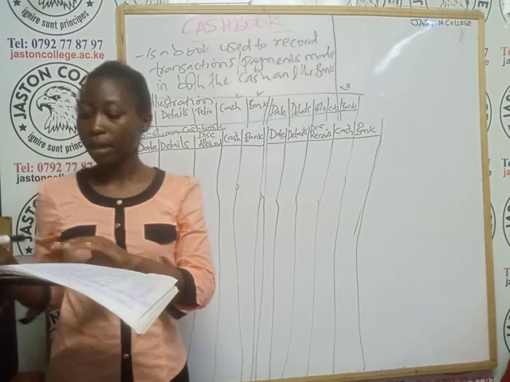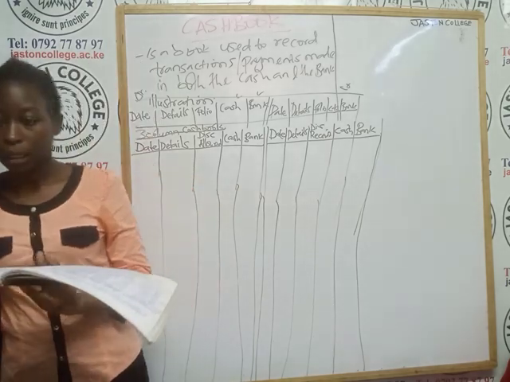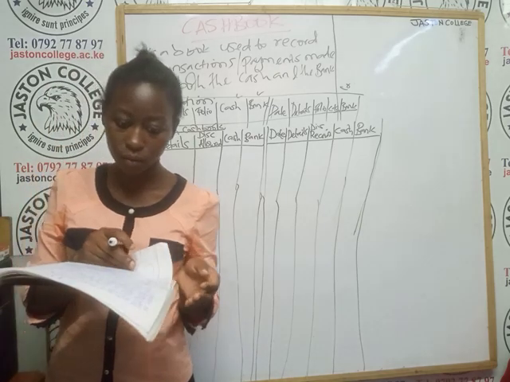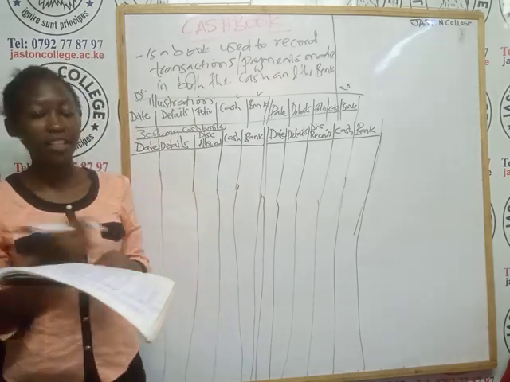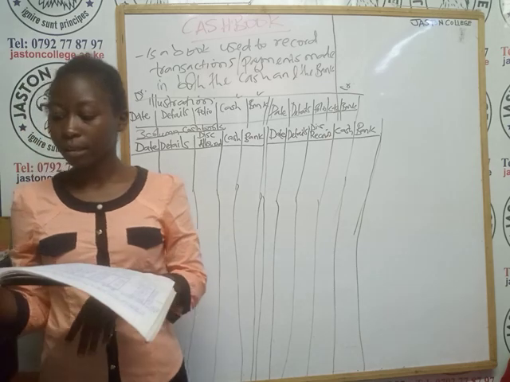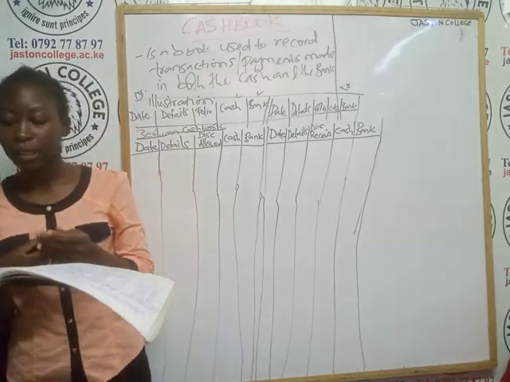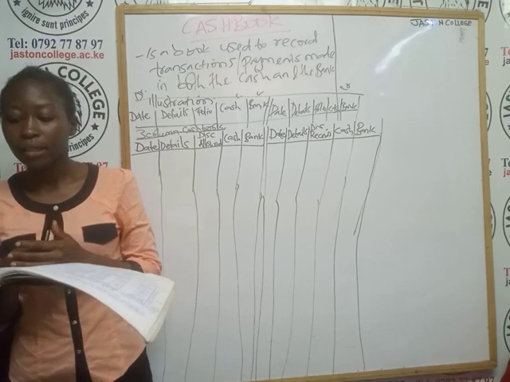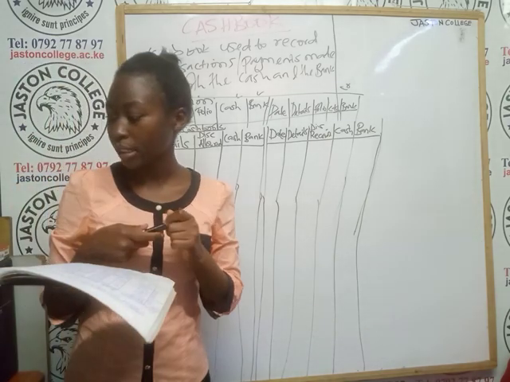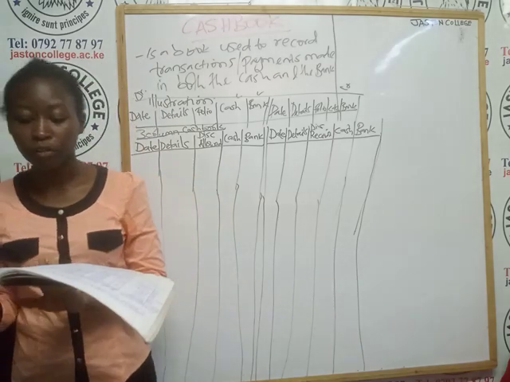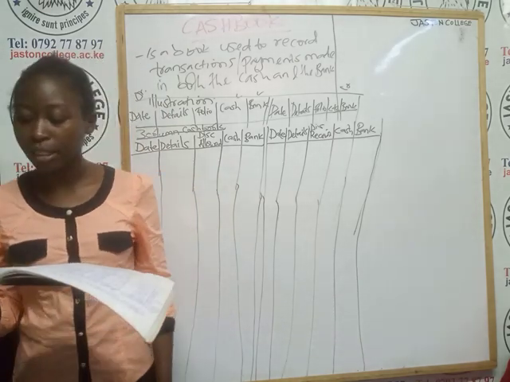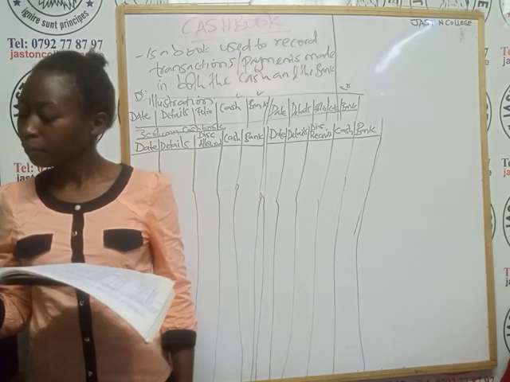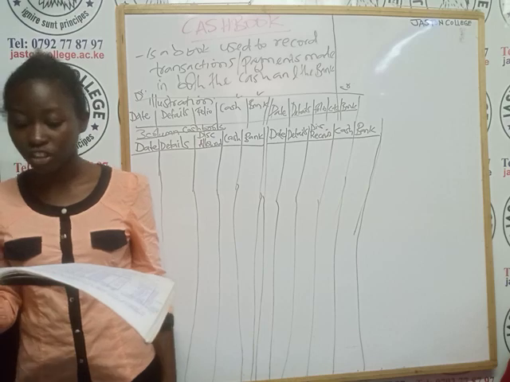And it reads, Mark Swale retired from employment on 30th April 2015 and was paid retirement benefits amounting to 216,500 shillings.